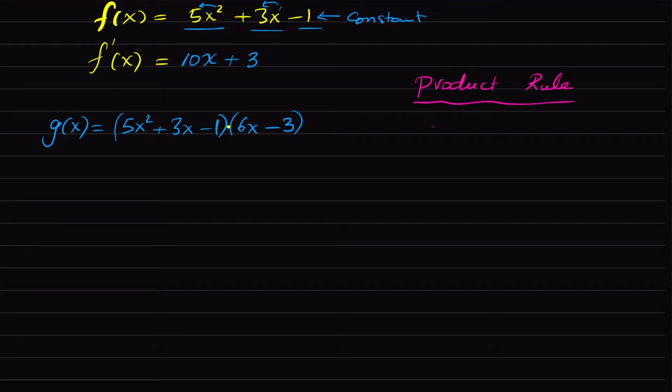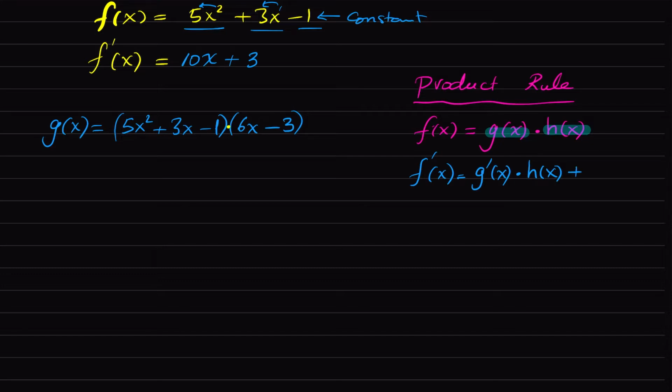If we have a function f of x, which is considered to be g of x multiplied by h of x, we have two functions multiplied together and there is a multiplication in between them. How to find its derivative? The product rule states that f prime is the derivative of the first function, g prime of x, multiplied by the second function without doing anything to the second function.